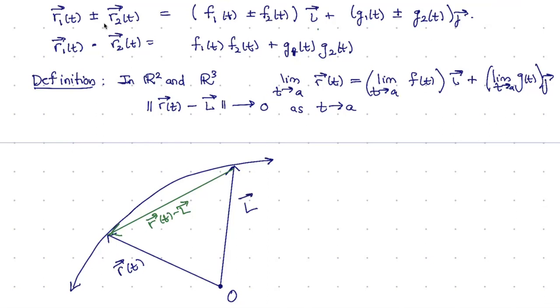If r is made closer now to L, we can see that now the distance is going to be smaller, and so the Euclidean norm is going to be smaller.